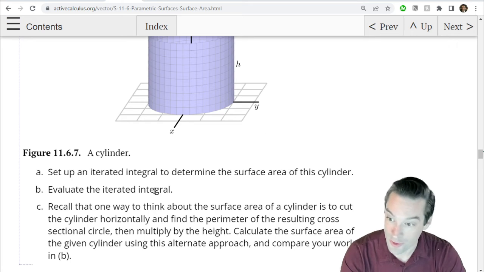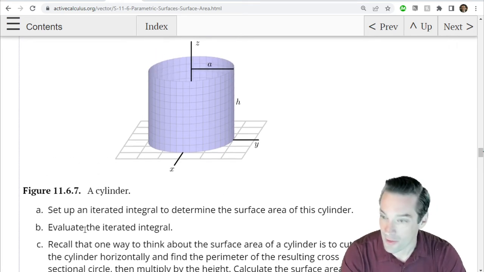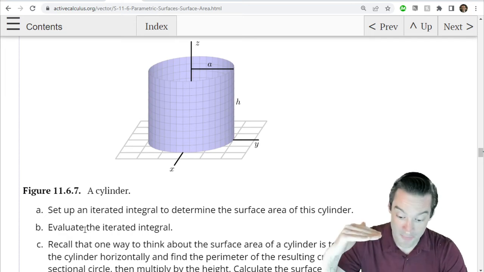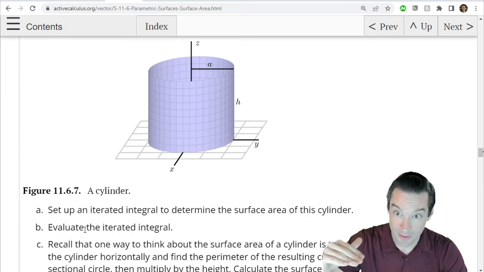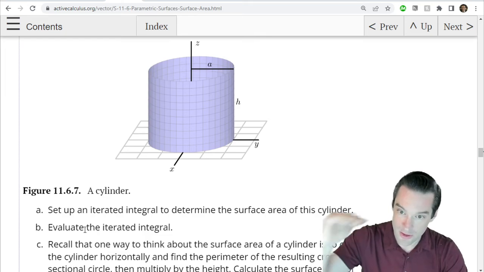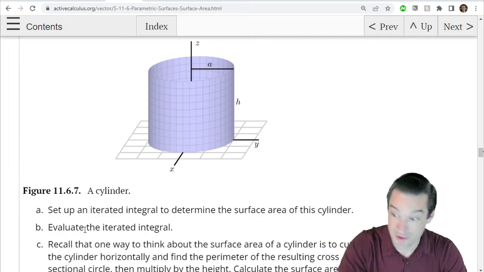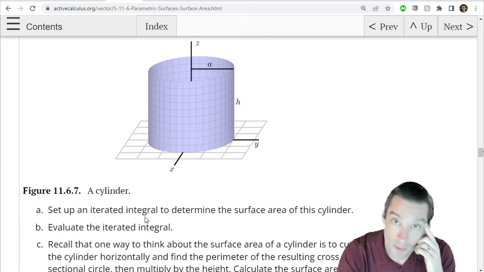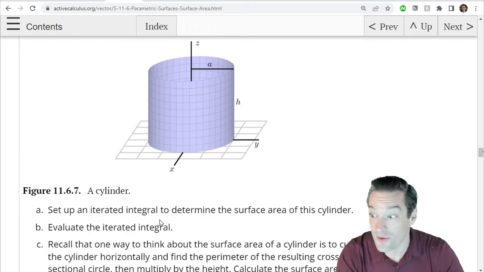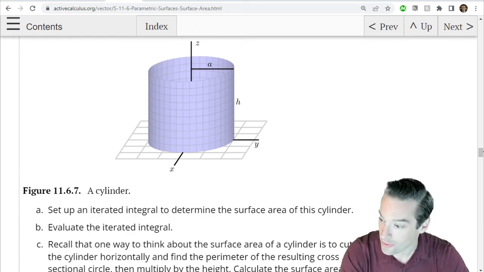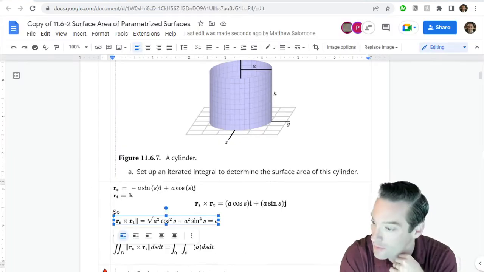Evaluate that iterated integral, and then part C, probably we won't do, we'll think about a different way of finding the surface area that we could have done in single variable calculus, by slicing this cylinder horizontally and integrating the circumferences of those circles from 0 to h. But parts A and B here are where the real interest is in this problem. So let's tackle those two parts to get us started.